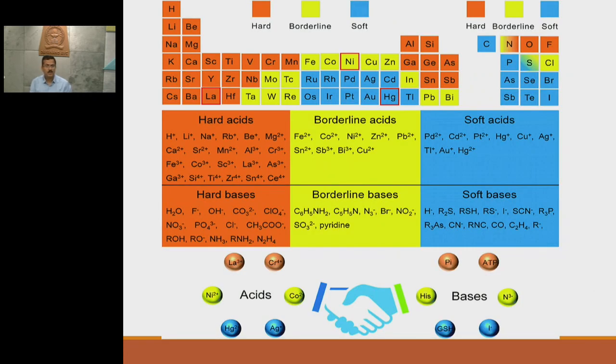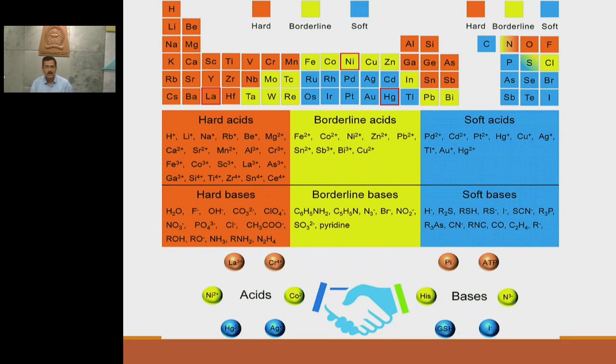This is the picture of a periodic table with different types of acids and bases, hard and soft. This periodic table gives an idea about the position of hard acids and hard bases, similarly soft acids and soft bases, and also borderline acids and bases.